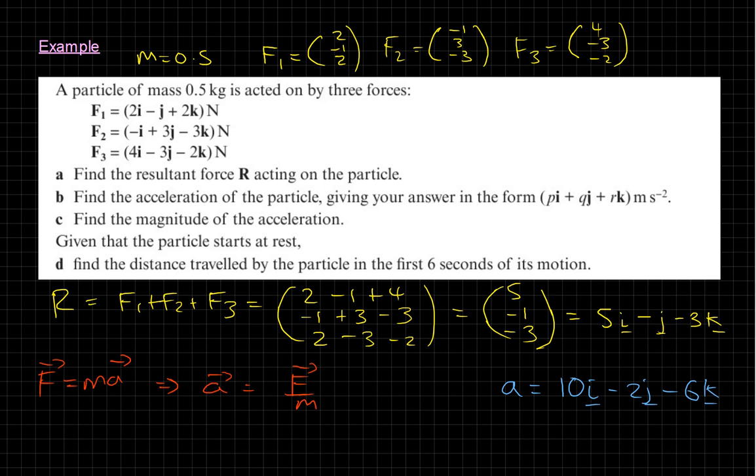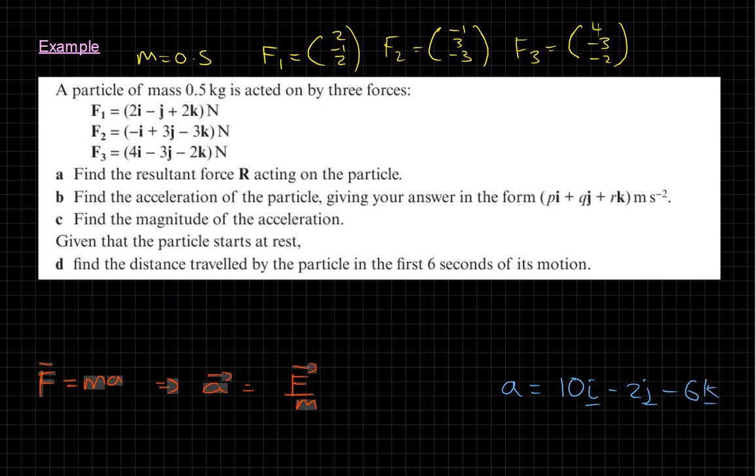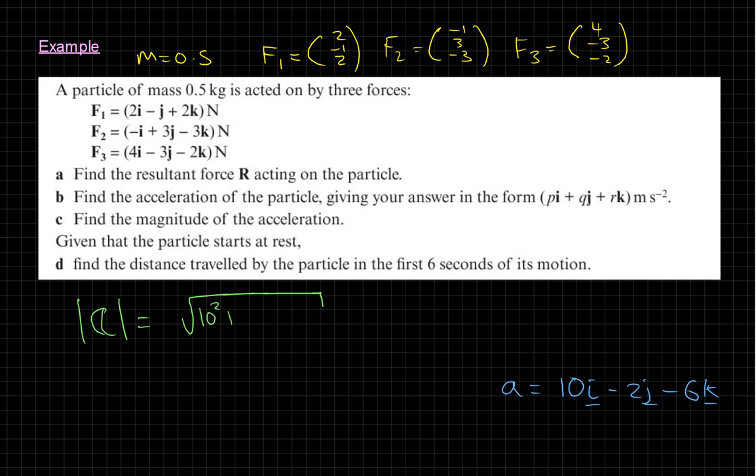Right. Find the magnitude of the acceleration. Not too bad, right? See if you can do it quickly. See if you can beat me. The magnitude of a is equal to the square root of 10 squared plus 2 squared plus 6 squared.